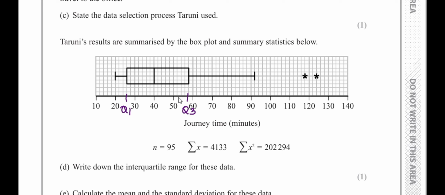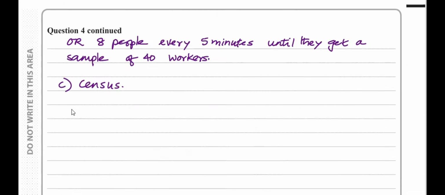Going by the scale of this box plot diagram, each division represents 2, so this is 52, 54, 56, 58. So Q3 is 58 and Q1 is 4 short of 30, which is 26. Therefore, the IQR is Q3 minus Q1, which is 58 minus 26, equals 32 minutes.